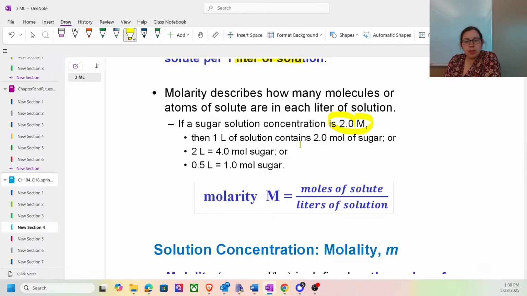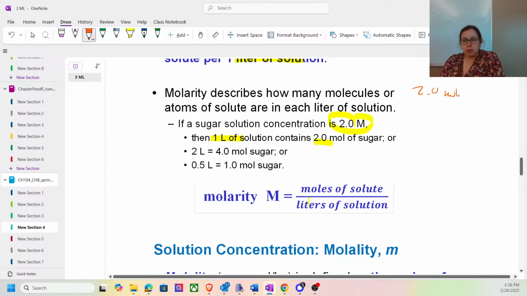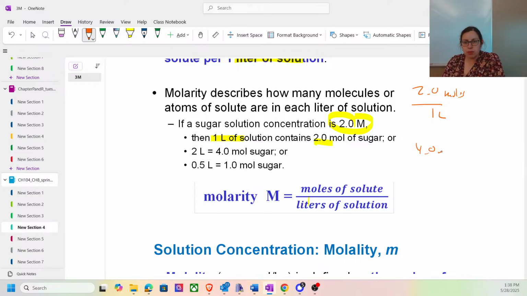And then of course, you could also use like a proportion to help you with this part. So think of things in ratios, right? So 2 molar solution means we have 2 moles, 1 liter, or right, 4 moles, and 2 liter, etc. So right, just kind of think of it as proportion as well, if that helps.